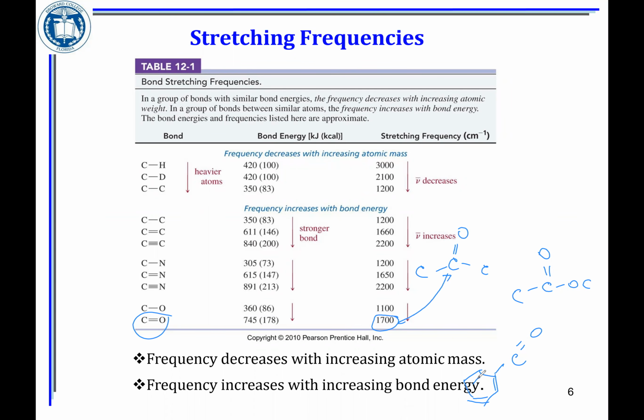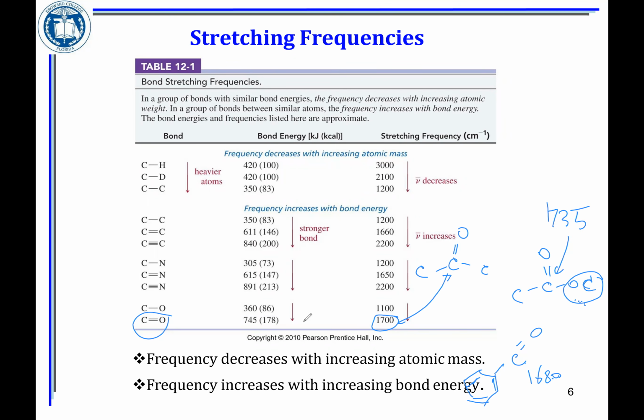And then what happens if it's conjugated? If your CO double bond is conjugated or is attached to a benzene ring, that number is going to decrease to 1680. Again, it's not a fixed number, but it's going to be less than 1700. If it's attached to a highly electronegative element, like in the ester functional group, this is going to change to 1735.